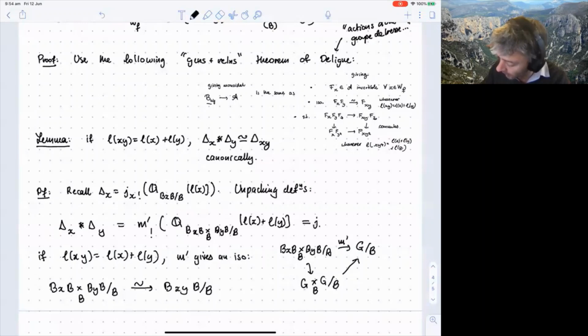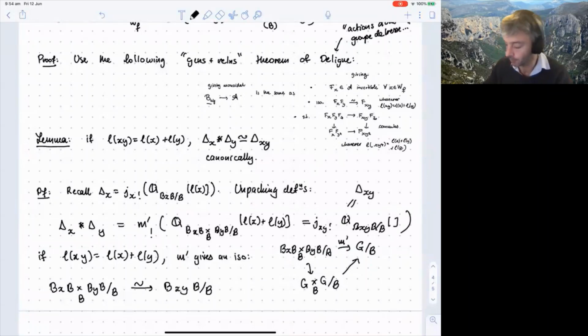This is jxy shriek of the constant sheaf on BxyB mod B, which is the same thing as delta xy. And we can rigidify this isomorphism by asking that it's the identity, for example, at the point xy. And so we get a canonical isomorphism.